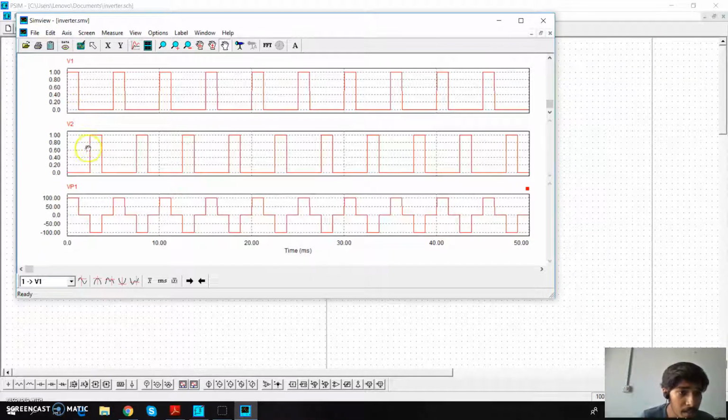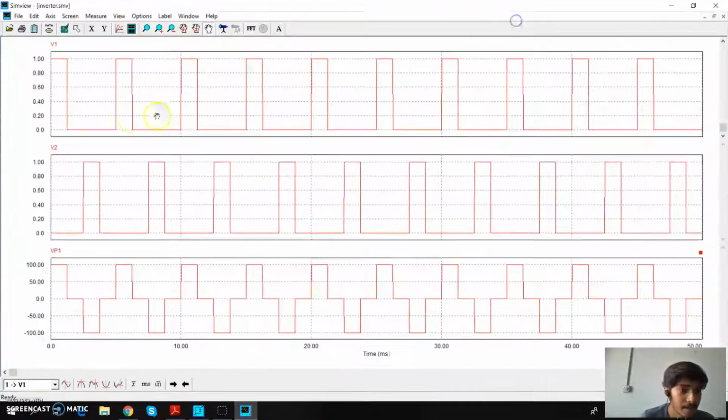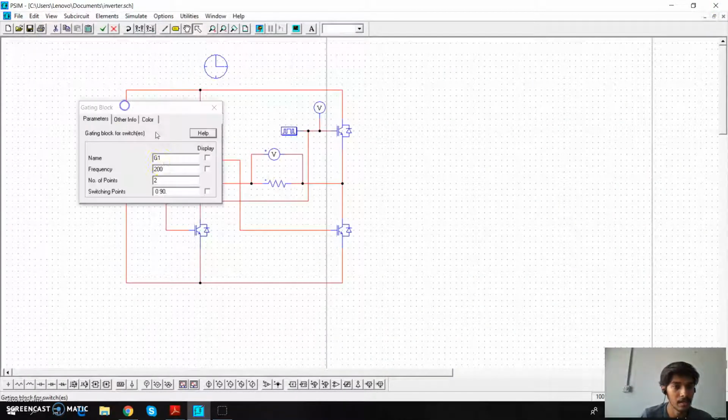But there is some time period in which V1 and V2, that is both the pulsating blocks, are in off state. At that time, at the output, we will get 0 voltage. So it is a discontinuous mode. To avoid it, we will have a 50% duty cycle.